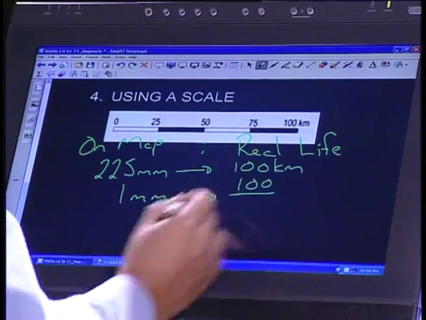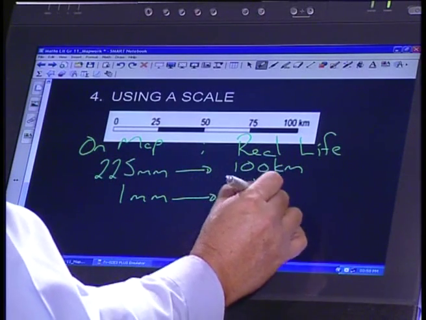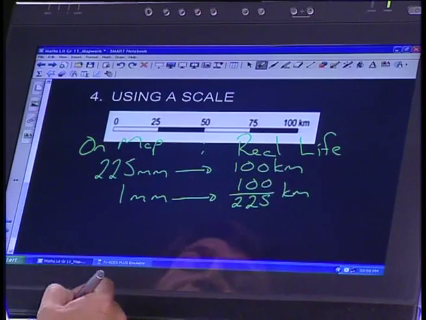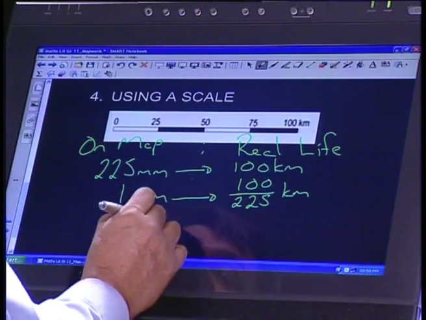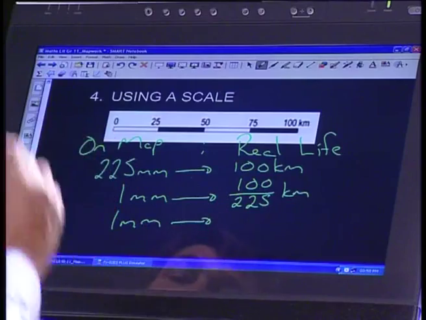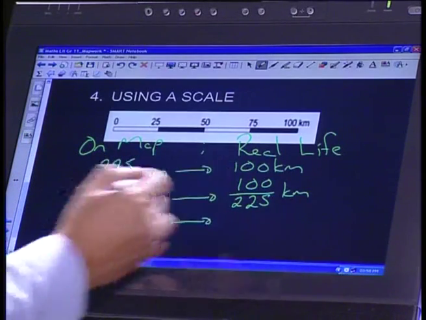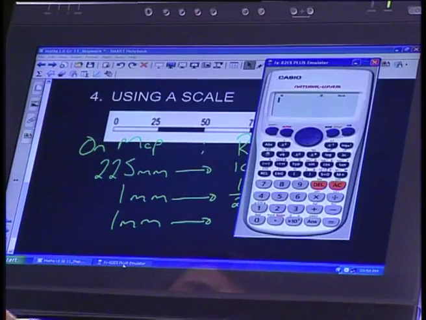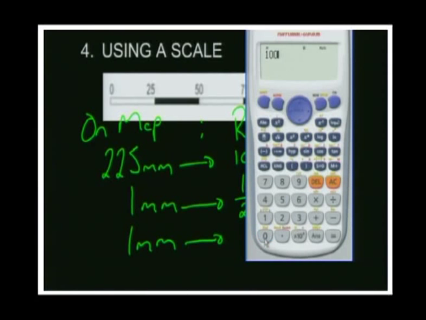I've got to say 100 divided by 225. So 1 millimeter on the map actually represents 100 divided by 225. Let's do that. 100 divided by 225 equals, and I get 4 over 9, I don't want that, I get 0.44, and I'm going to round that figure, so it's 0.44 what?